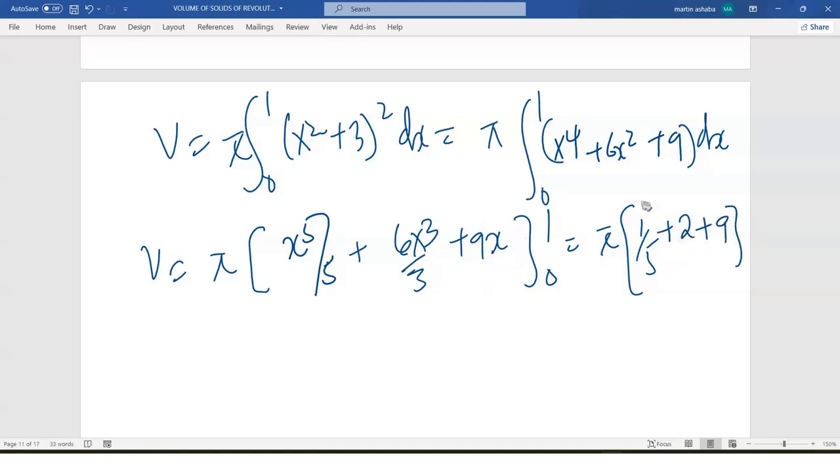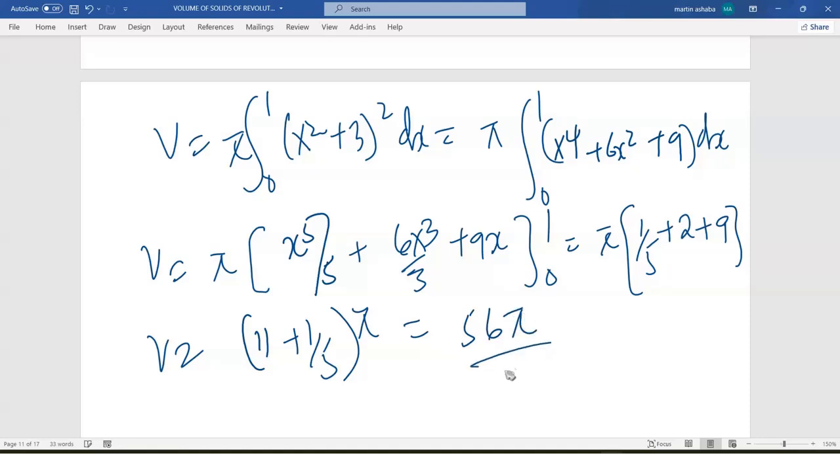The lower limit gives minus 0, it will be 0. So volume will be 11 plus 1 out of 5 into pi. This is going to be 55 plus 1, and that becomes 56 pi out of 5, and that is in cubic units.